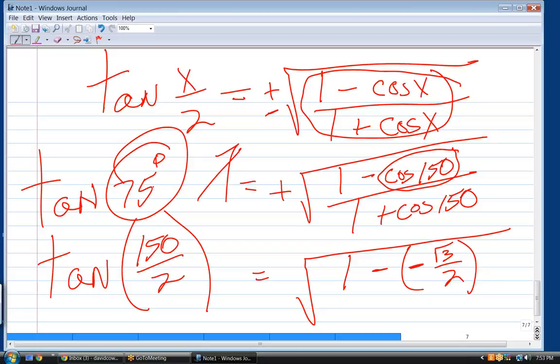Well, when I use this formula, I have to talk about the cosine of 150, and cosine's negative in the second quadrant. So it's the same as the cosine of 30, only negative. So it's negative root 3 over 2. That goes in the numerator. In the denominator, I have 1 plus a negative square root of 3 over 2.